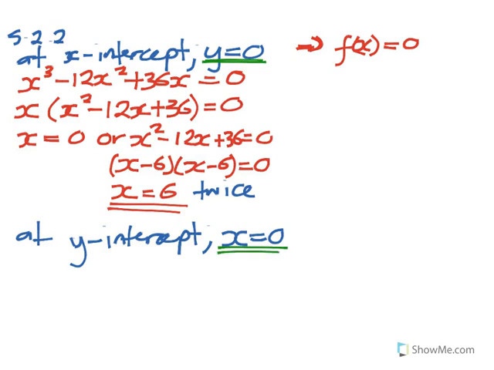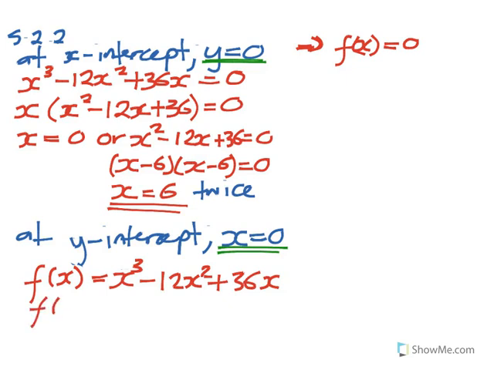So when x is 0, f of x, remember f of x was x cubed minus 12x squared plus 36x.